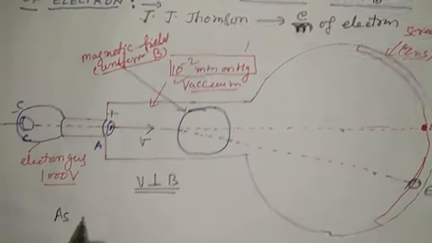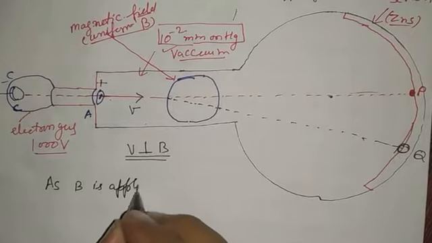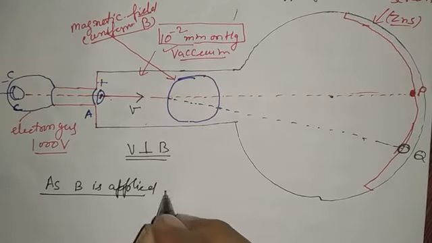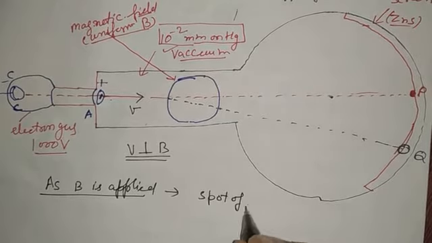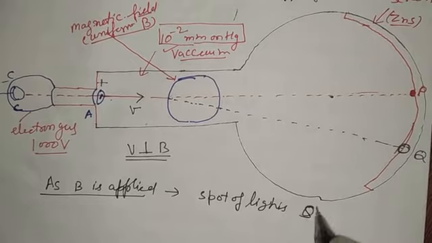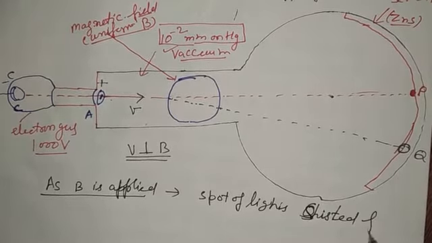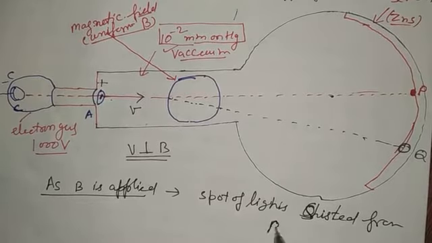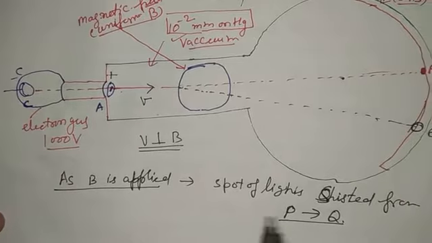As magnetic field B is applied, the spot of light shifts from P to Q. Right?